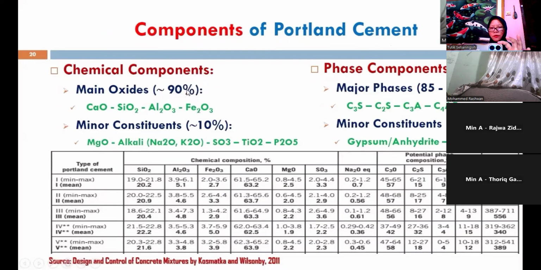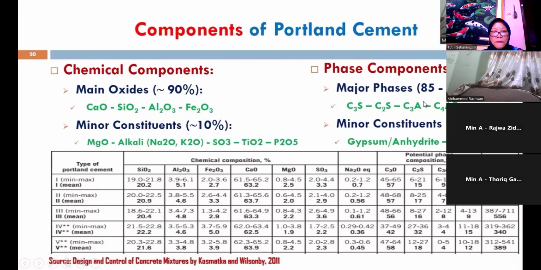So 90% of cement is composed mainly of calcium oxide, silicon dioxide, aluminum oxide, and iron oxide. While around 10% is minor components like magnesium oxide, alkalis, sodium and potassium oxides, sulfur trioxide, titanium oxide, and phosphorus oxide.